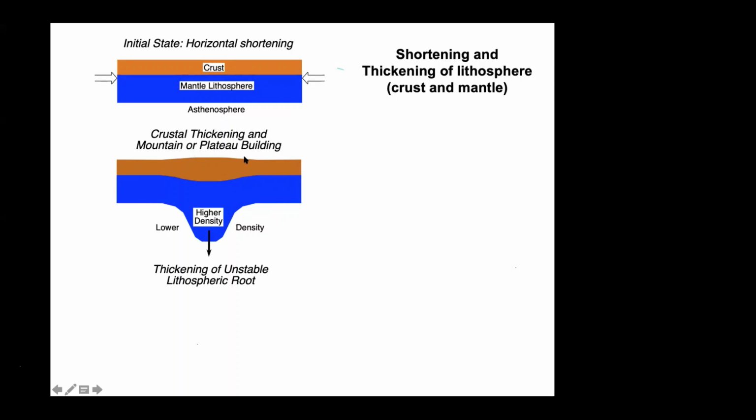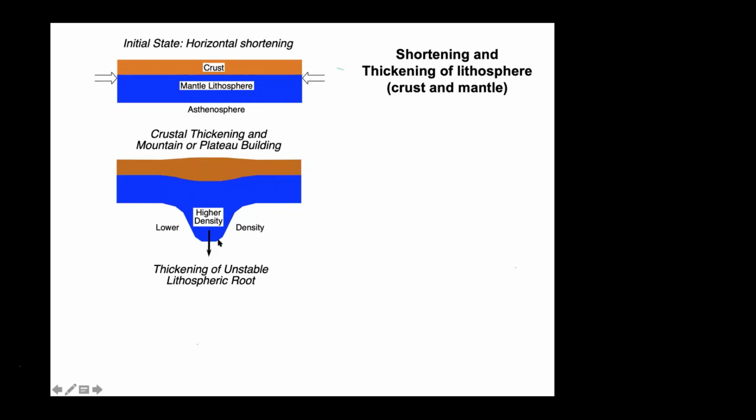You build a high plateau with a crustal root, because of area isostasy, but you also thicken the mantle lithosphere. And this is higher density, more dense than the surrounding material. So this is an unstable region, and gravity wants to pull this down. Gravity will pull this down, and if it can, it will remove that.